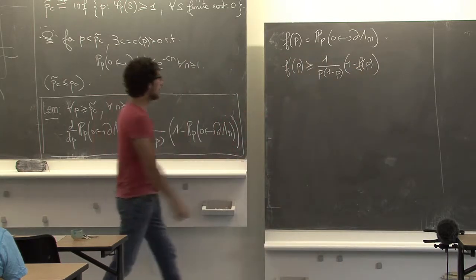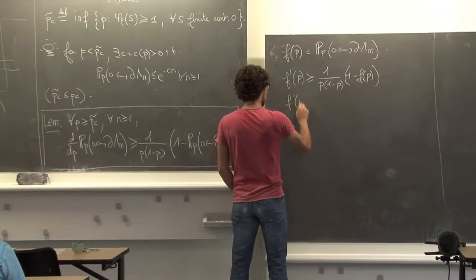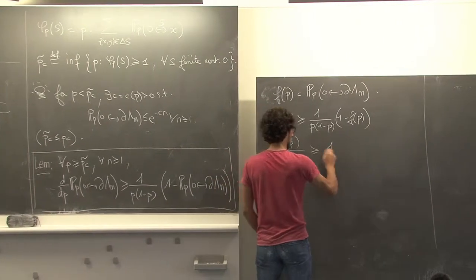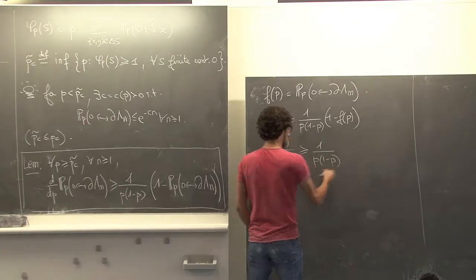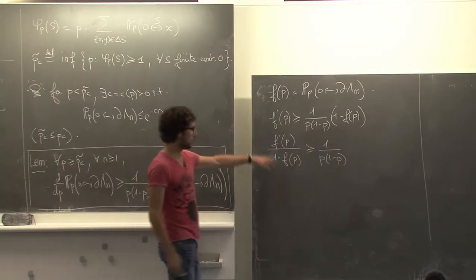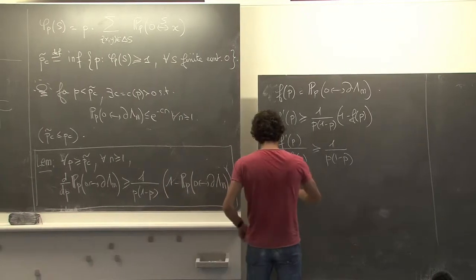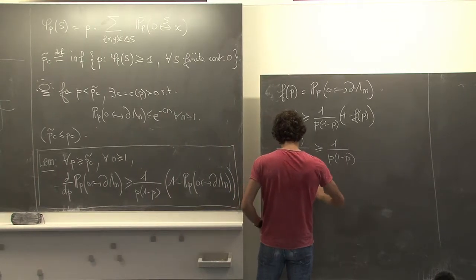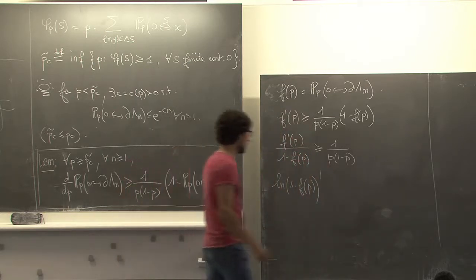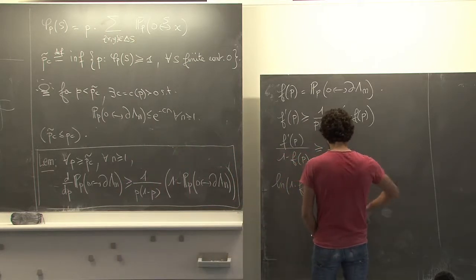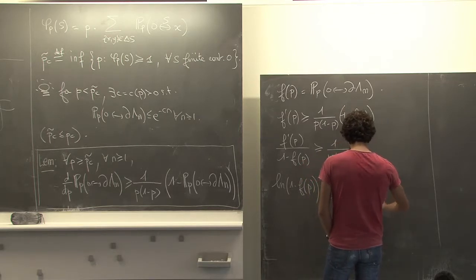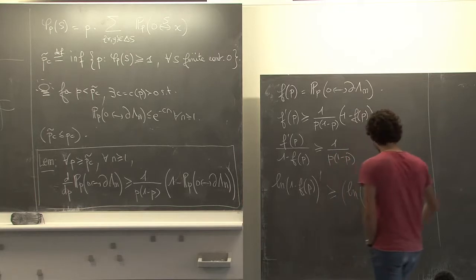So you can see it as f prime of p over 1 minus f of p larger or equal to 1 over p(1 minus p). Now this is the derivative of the log of 1 minus f of p, and this is the derivative of something like log of p over 1 minus p or something like that.